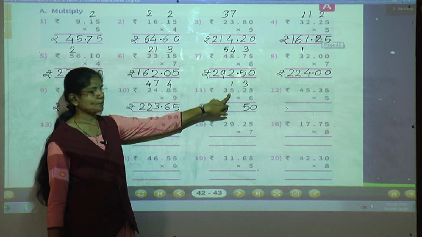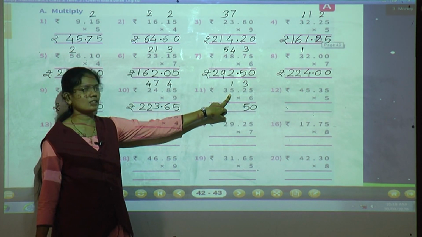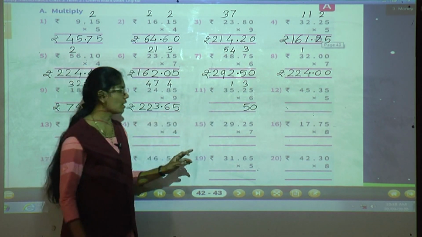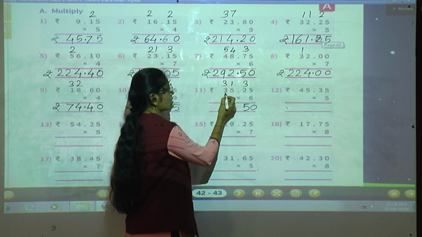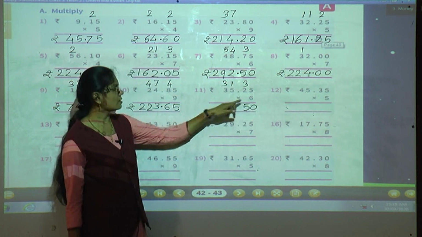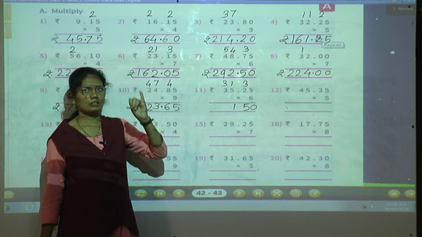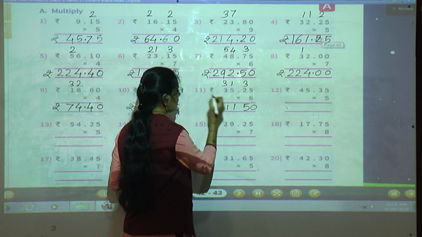Then 6 into 5, 6 5s are 30 plus 1, 31. So here we will write 1 and 3 as a carry. Then 6 into 3, 6 3s are 18 plus 3, that is 21. So here we will write 21.